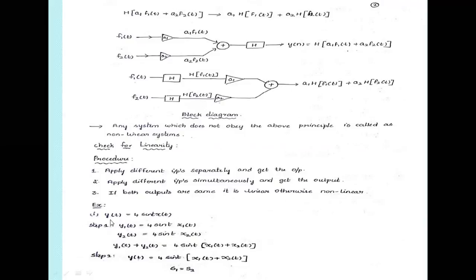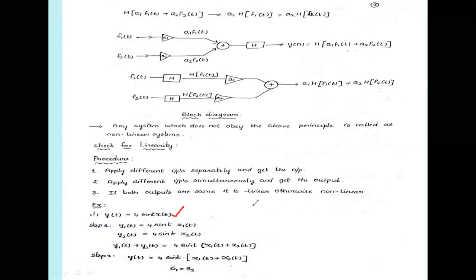Example: y of t is equal to 4 sine t x of t. The given function is y of t equals 4 sine t x of t. Is this system linear or not? We can find out.